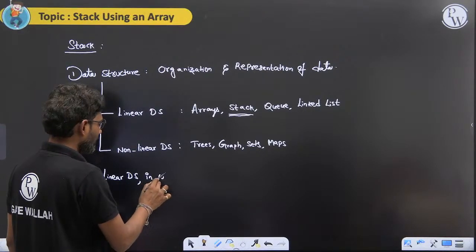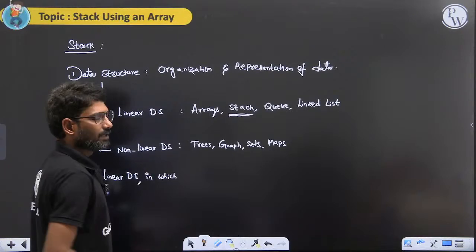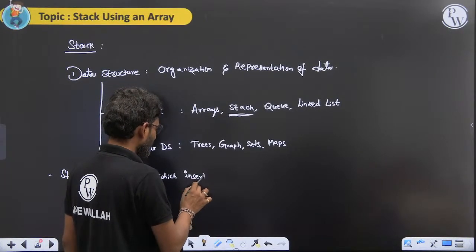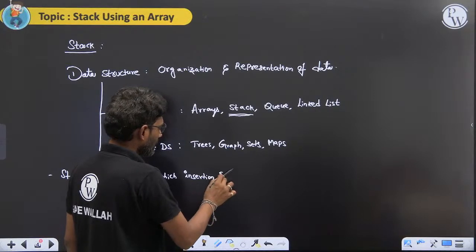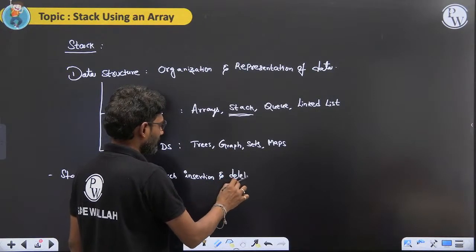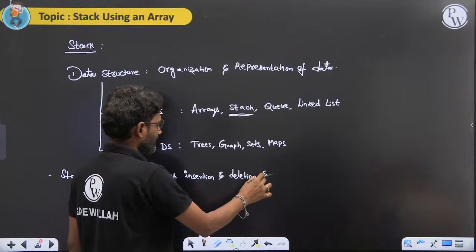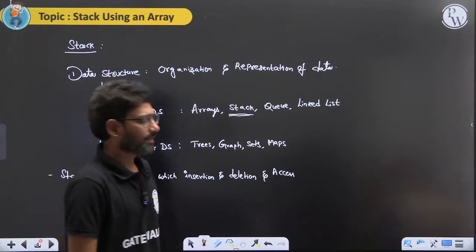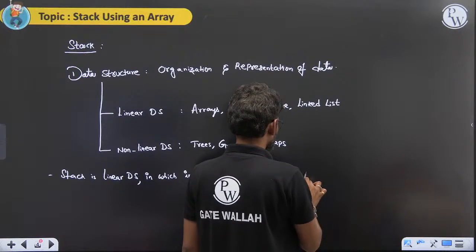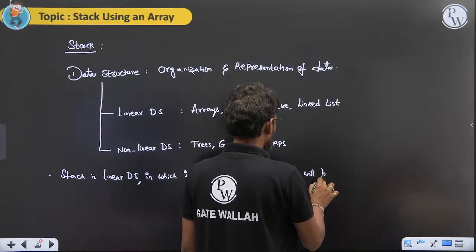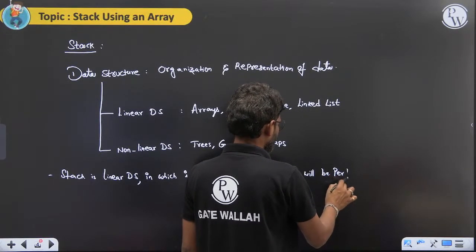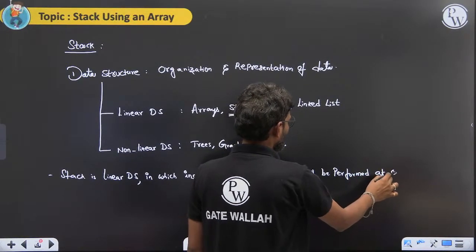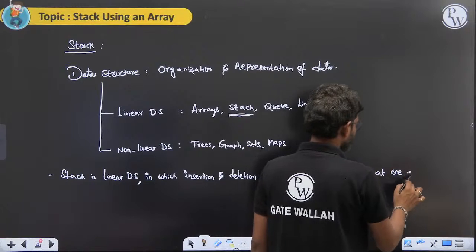In this data structure, insertion and deletion and access, all operations will take place at only one end of the list, will be performed at one end of the list.